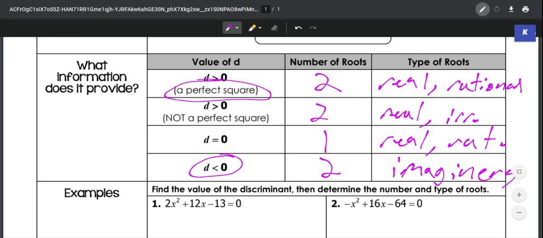If it is a perfect square, it's going to be real and rational roots. When it's not a perfect square, it's going to be real and irrational. When the discriminant is equal to 0, you have one rational answer. And when the discriminant is less than 0, you have two imaginary answers.